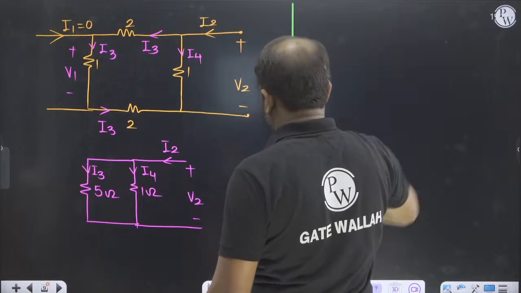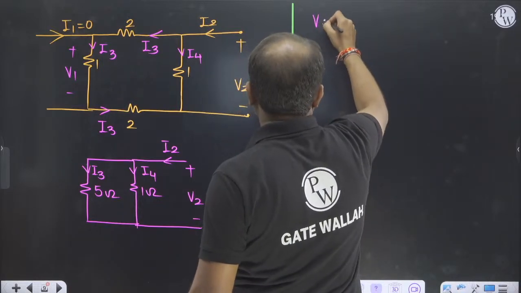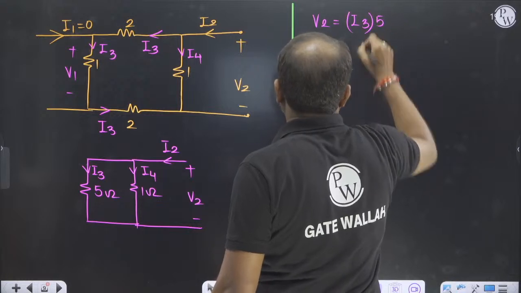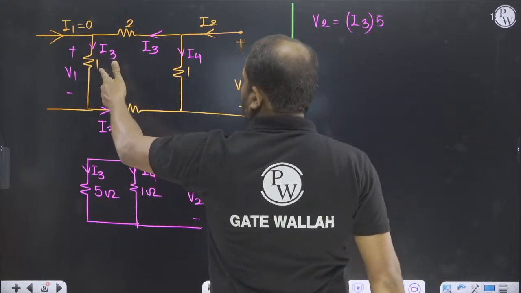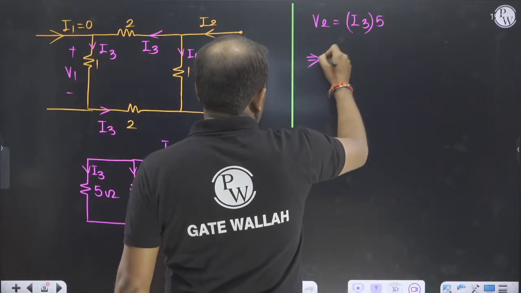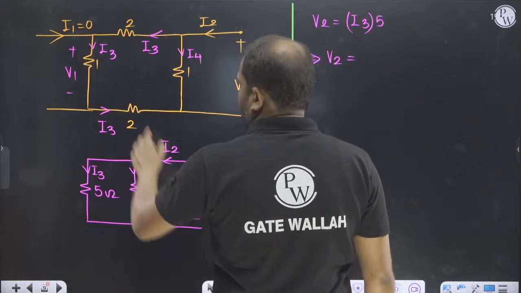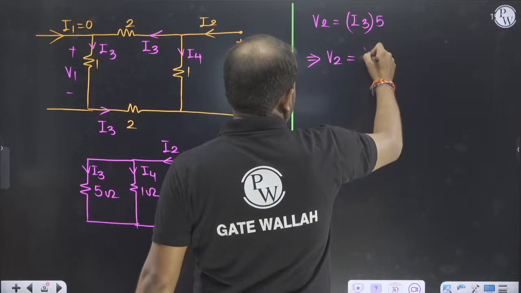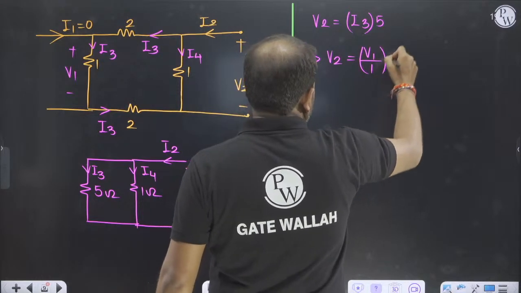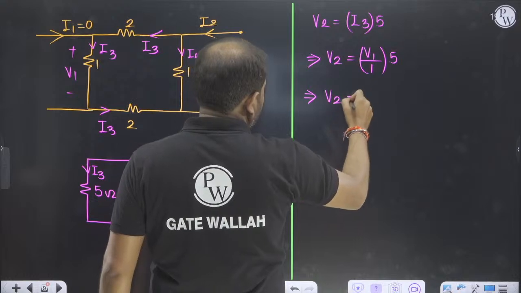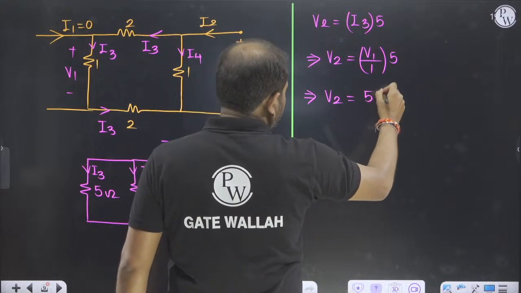So V2 is equal to I3 into 5, and I3 is equal to V1 by 1. So V2 is equal to 5 V1.